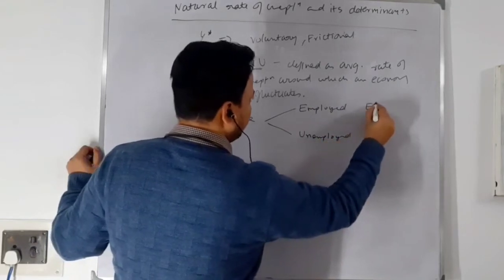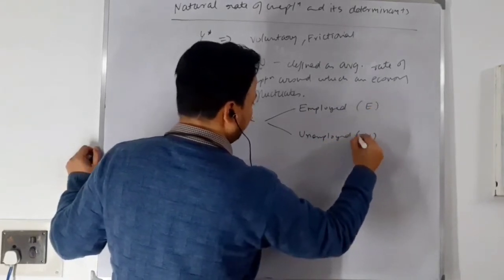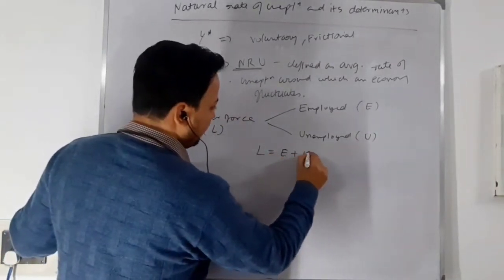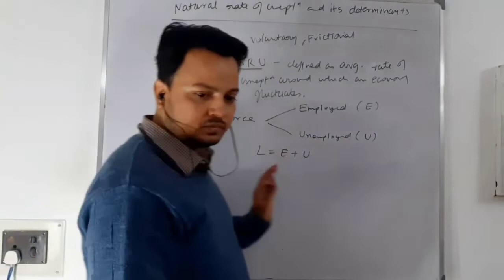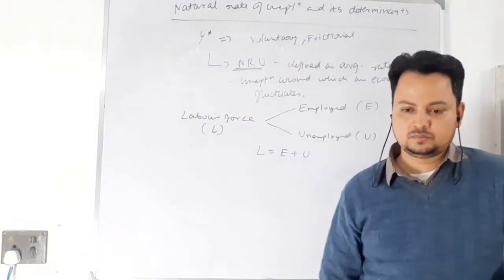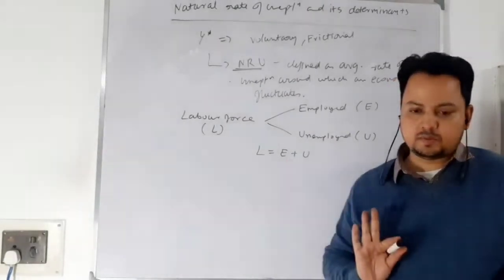Let's denote this by E, let's denote this by U. So labor force is employed and unemployed. This is clear? This is clear to everyone?